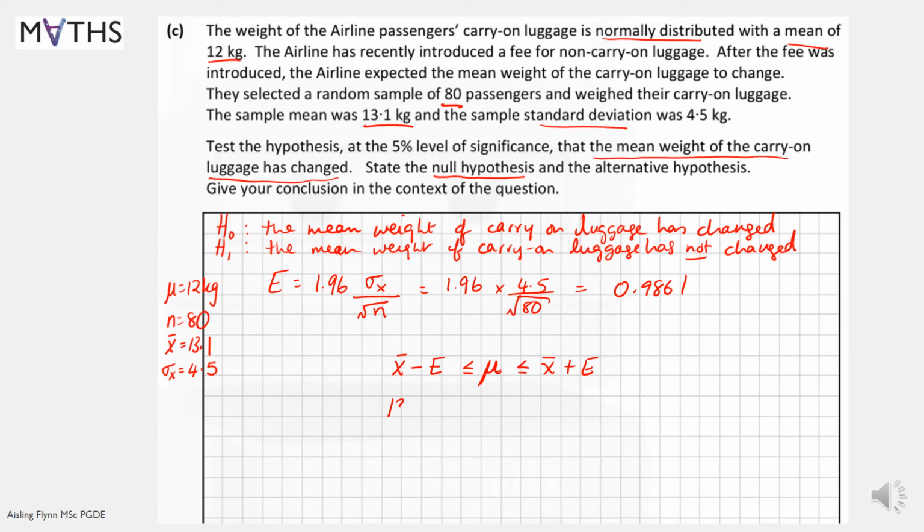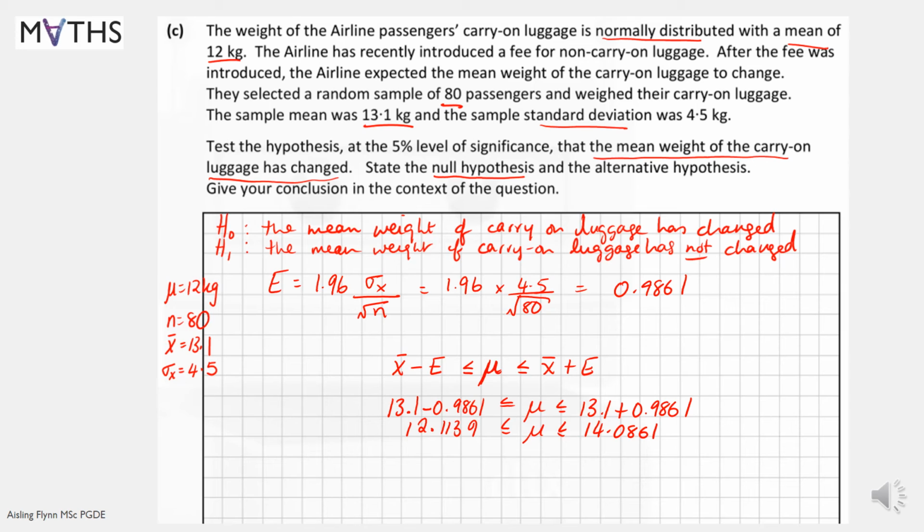So let's put in the numbers. We get 13.1 minus 0.9861. We're checking, is it within the range, and on the other side of the range we add the margin of error, and the two values we get are 12.1139 and 14.0861.